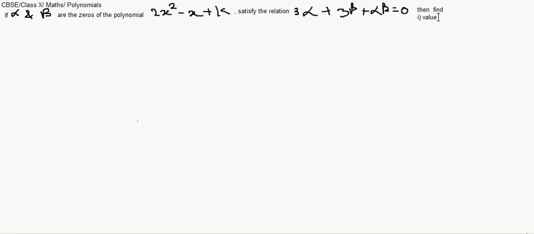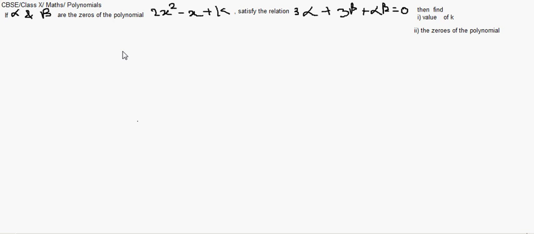I won't be able to make it within that space, so maybe find the value of k and the zeros of the polynomial.